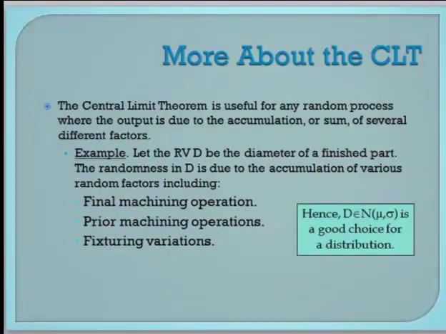The central limit theorem is useful for any random process where the output is due to an accumulation of several different factors. If we're making the diameter of a finished part, the randomness of that diameter could be due to many factors, including the final machining operation, individual prior machining operations, or fixturing variations. So if we model this diameter using a normal curve, it's a good choice for that distribution.